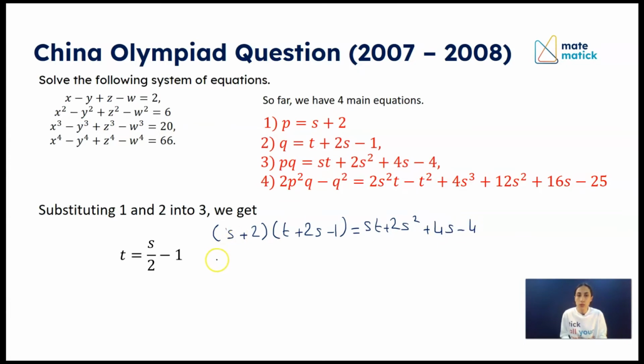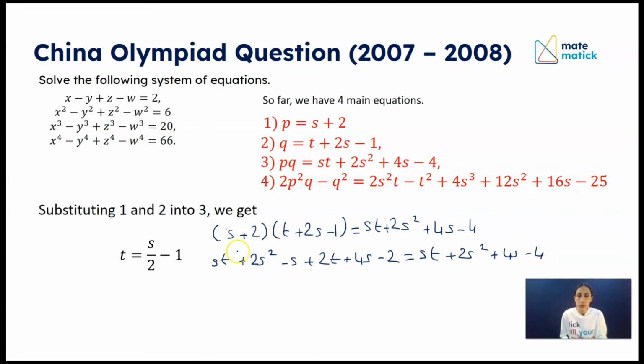Okay, so let's do that. Here we have st plus 2s squared minus s plus 2s plus 4s minus 2. This is equal to st plus 2s squared plus 4s minus 4.